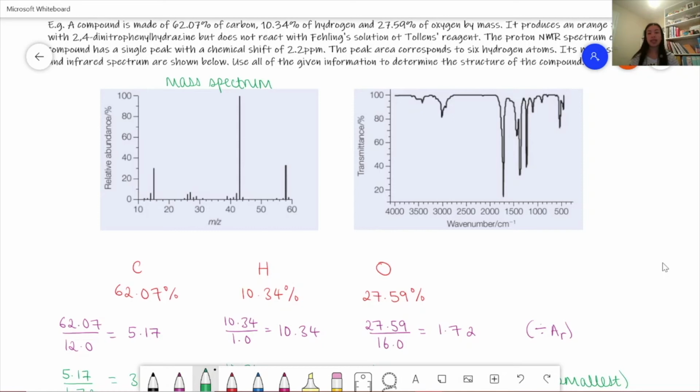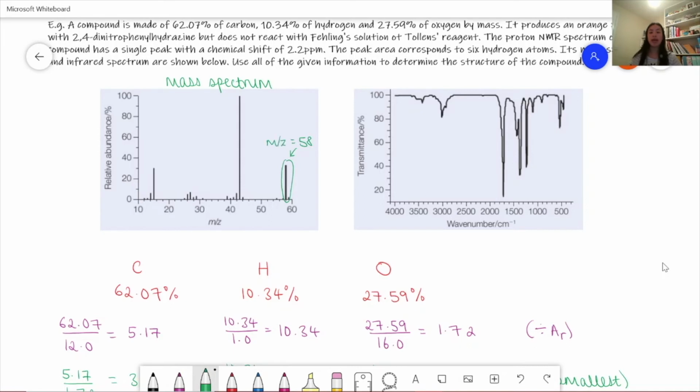And because this is a simple molecule, we look at the peak with the highest m/z ratio. So the peak with the highest m/z ratio would be this one. However, this isn't the largest peak, and so it's not this one. So we're actually looking for this one here. And this is at an m/z value of 58.